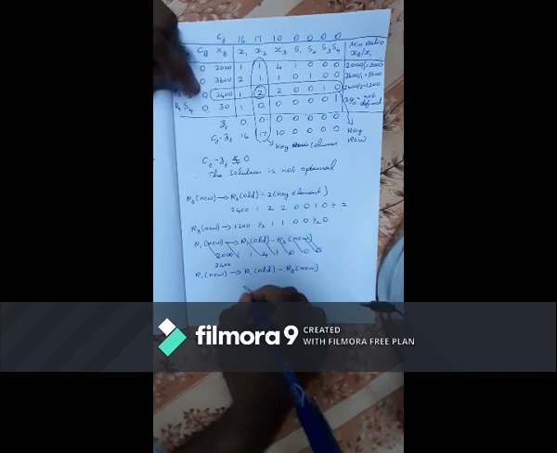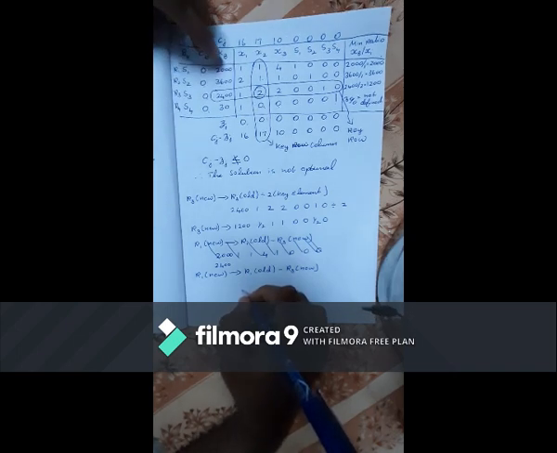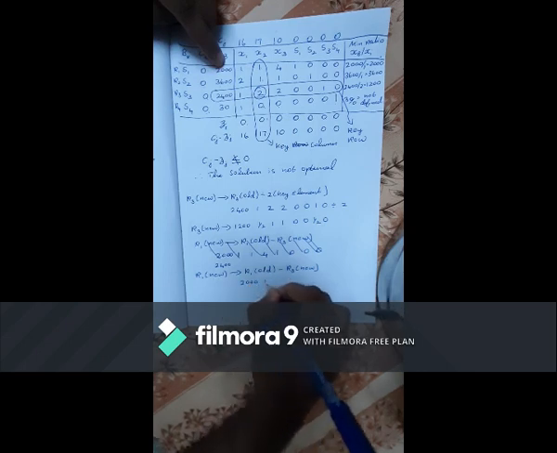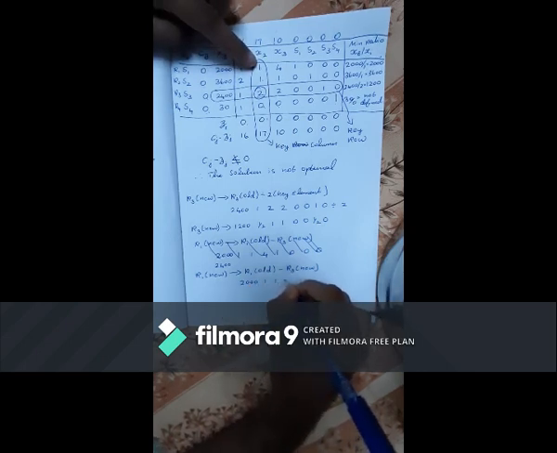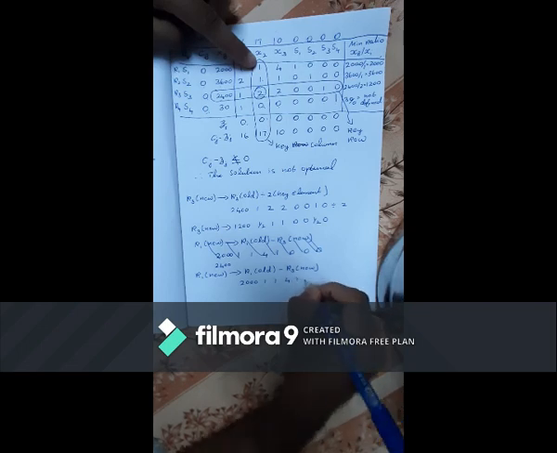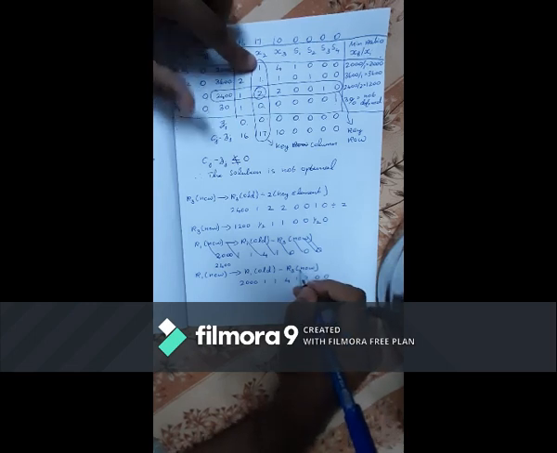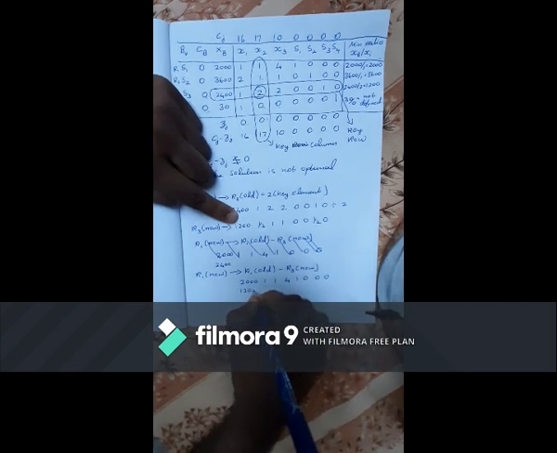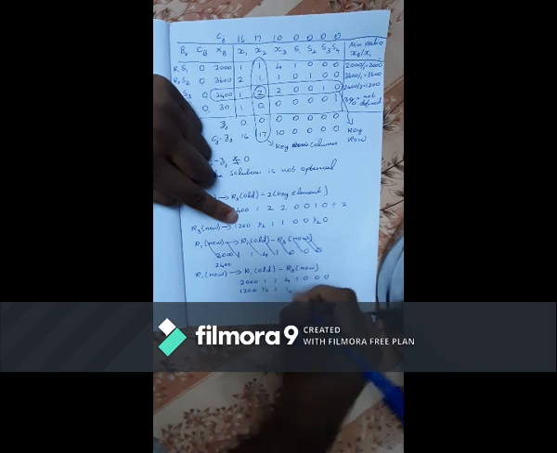What is R1 old? R1 old is this one: 2000, 1, 1, 4, 1, 0, 0 and 0. What is R3 new? R3 new is this one: 1200, 1 by 2, 1, 1, 0, 0, 1 by 2, 0.